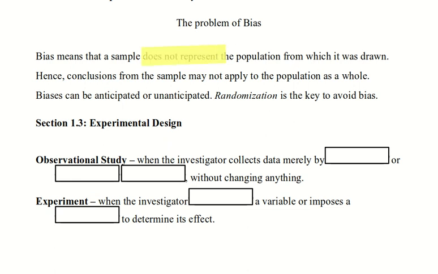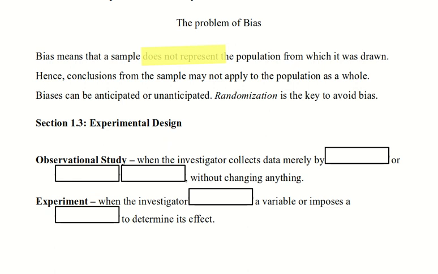So the key here is that it does not represent the population. So it may be a simple random sample. It may have been a cluster sample. We may have done a bunch of things, but randomness could come into play and cause it to not represent the population.